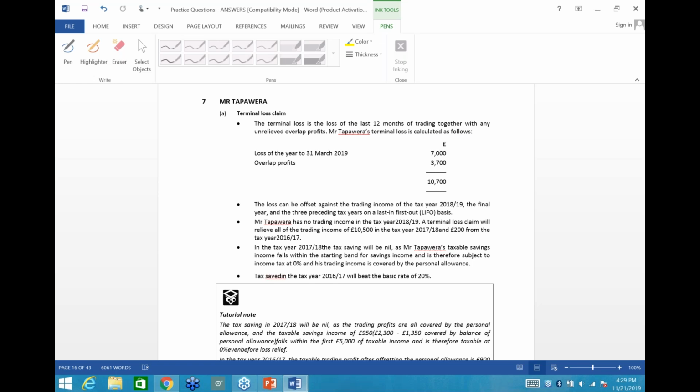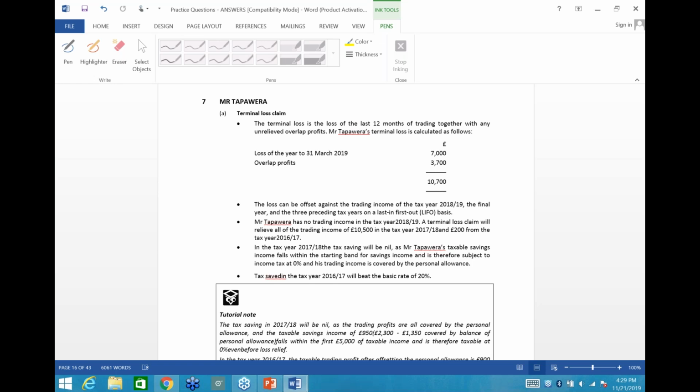The chargeable gain on the property was 60,200. He had been unable to find a tenant for the property and had therefore received no rental income. Mr. Tapp's only other source of income is bank interest of 2,300 each year.